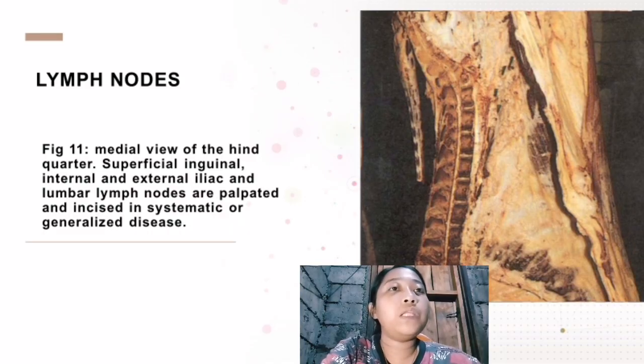Figure 11. Medial view of the hindquarter. Superficial inguinal, internal and external iliac, and lumbar lymph nodes are palpated and incised in systematic or generalized disease. So this picture is already examined or inspected by the meat inspector.